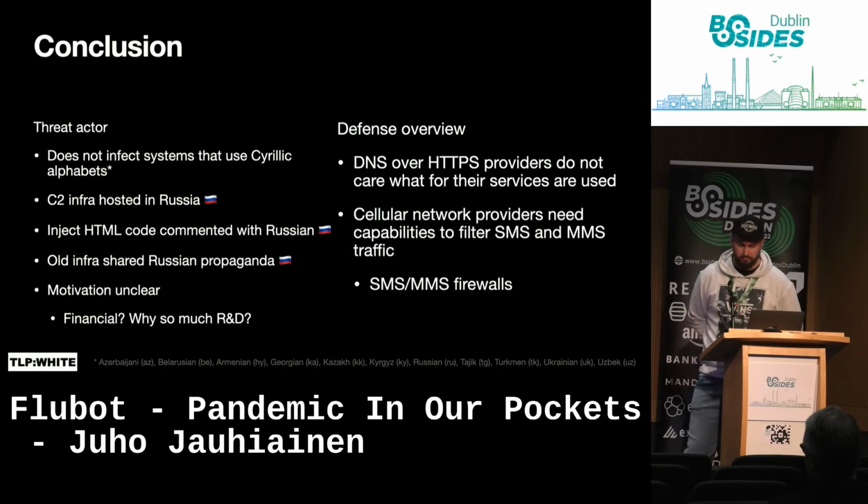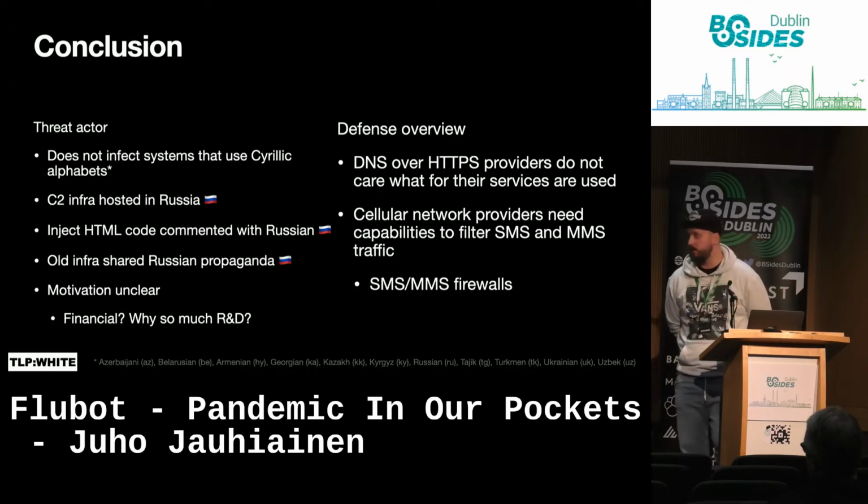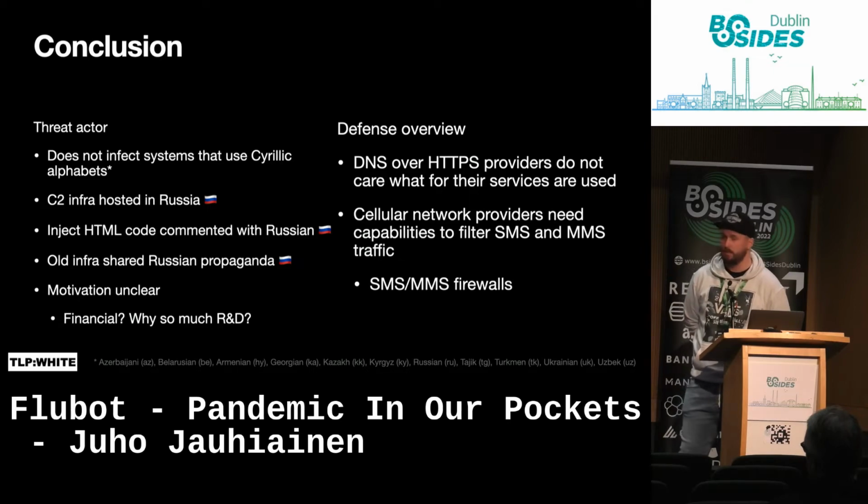So what's my conclusion? Threat actor. This is not attribution, but they are hosting their C2 in Russia. They inject HTML code which is commented in Russian. Their old infra shared Russian propaganda, and they do not inject systems that use Cyrillic alphabets. And their motivation is probably financial, but my question is why they are using so much R&D for this.